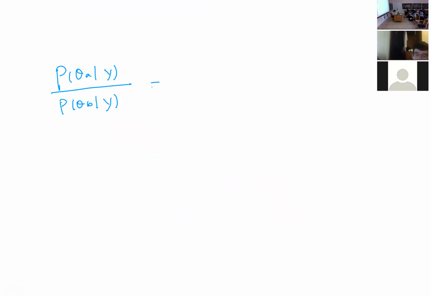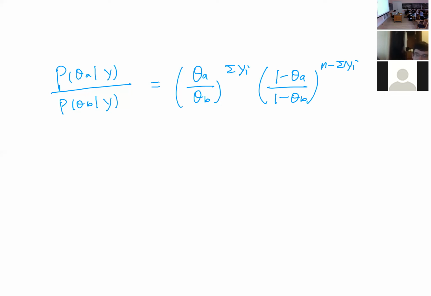You see that it's theta A over theta B raised to the power of sum of yi, and then 1 minus theta A over 1 minus theta B raised to the power of n minus sum of yi, and then the prior ratio. In what we defined before, this will be the Bayes factor. Don't worry too much about the terminology here.